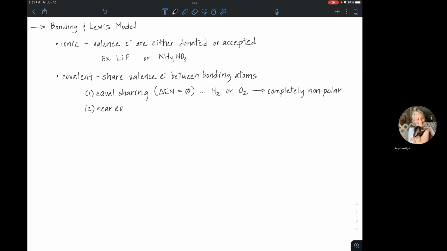Then we have a situation where you have near equal sharing. Usually we only say equal and unequal. I want to make this distinction because there are elements where their electronegativity is so close, but still there's a tiny bit of a difference. In organic chemistry, we usually refer to these bonds as nonpolar, but they're relatively nonpolar.